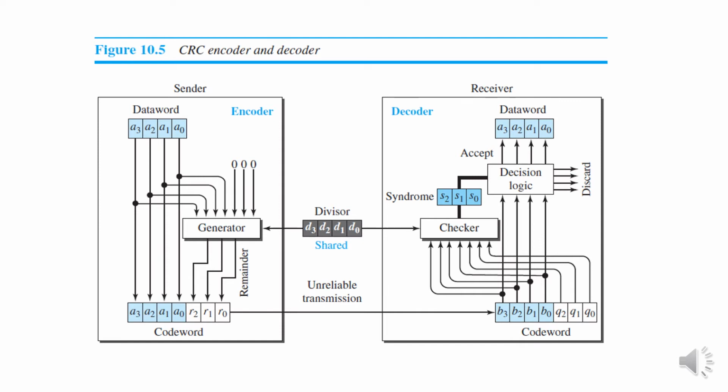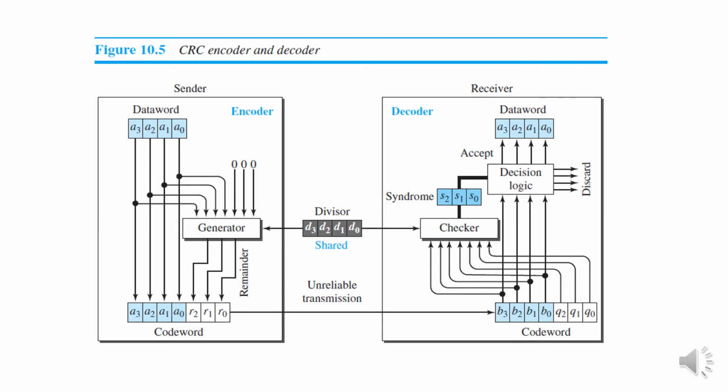The generator uses a predefined divisor of size n minus k plus 1, that is 4. The generator divides the augmented data word by the divisor using modulo 2 division. The quotient of the division is discarded. The remainder R2, R1 and R0 is appended to the data word to create the code word.